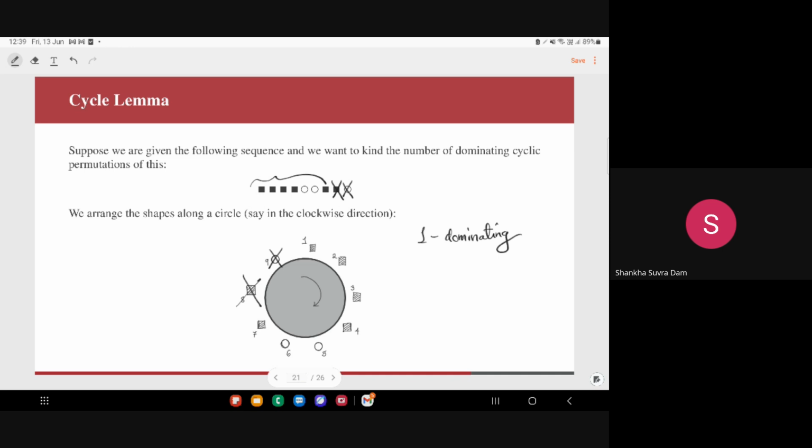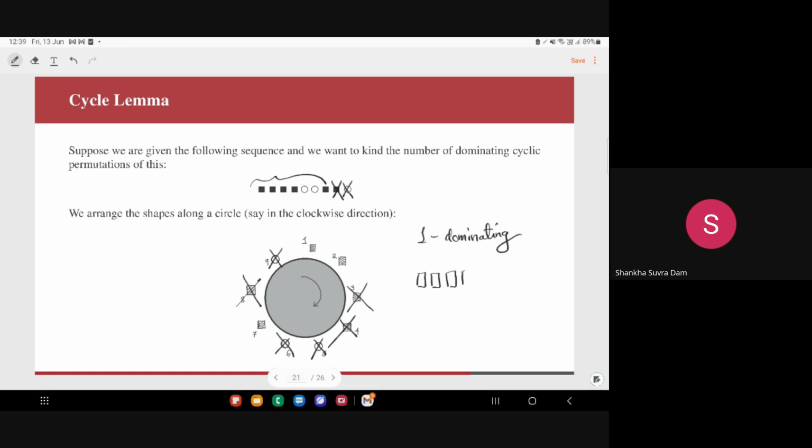So we continue this process. And we are left with 3 boxes. These 3 are the exact cyclic permutations that are one dominating. What do these correspond to? This corresponds to starting with 1. We are given the initial one.